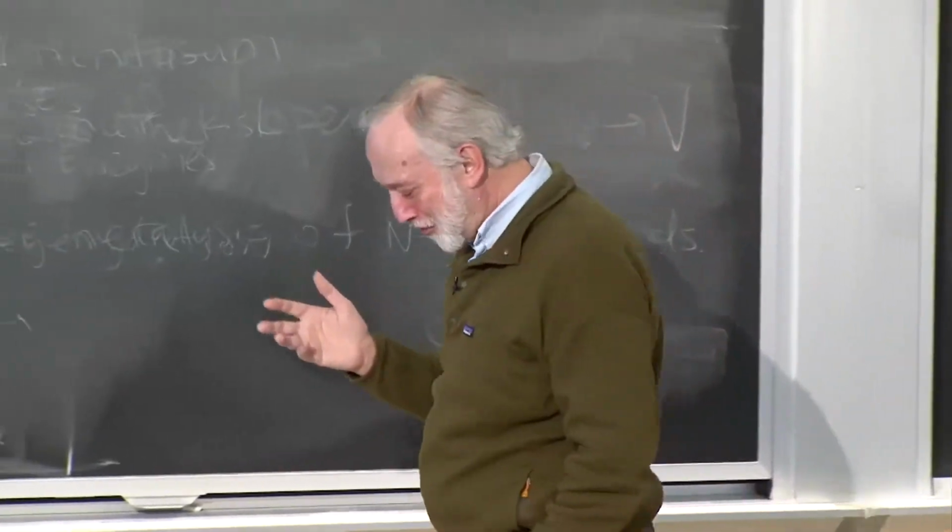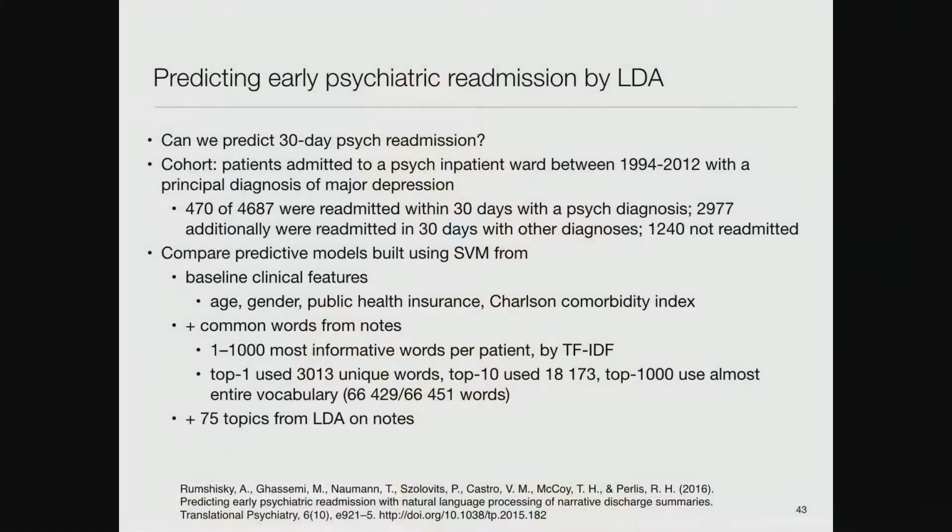And what we did is we said, well, let's use topic modeling. And so we had this cohort of close to 5,000 patients. About 10% of them were readmitted with a psych diagnosis, and almost 3,000 of them were readmitted with other diagnoses.